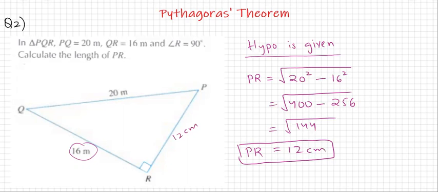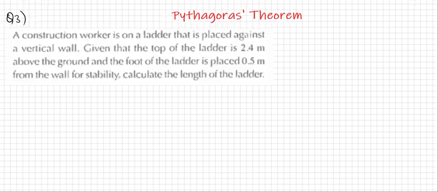Now let me explain one more question, which is a word problem of Pythagoras theorem. Alright, so as you can see, this is a word problem of Pythagoras theorem that you can see on your screen. The question says, a construction worker is on a ladder that is placed against a vertical wall.